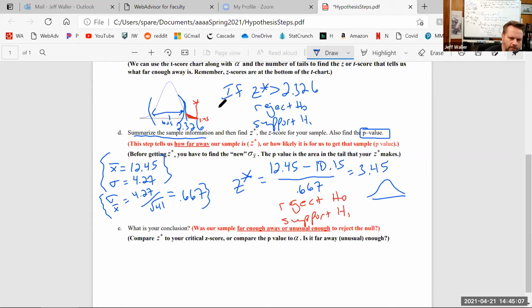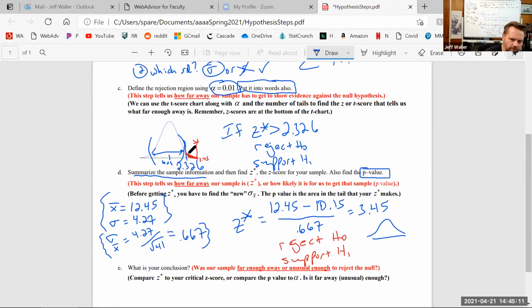Somebody help me out. What is the area of this tail? Do you guys remember? What's the area of the tail of the rejection region? 0.01. Beautiful. So the same way that alpha is the area in the tail that the rejection region z-score makes, the p-value is the area in the tail that our z-score makes.